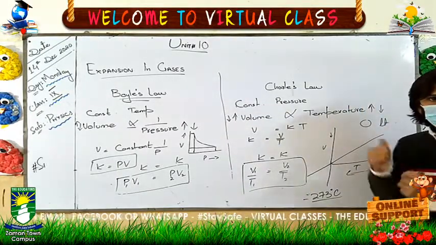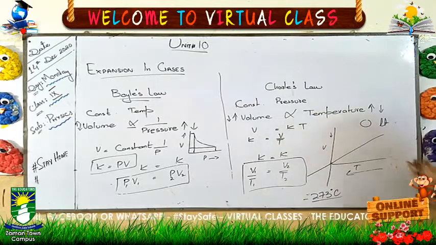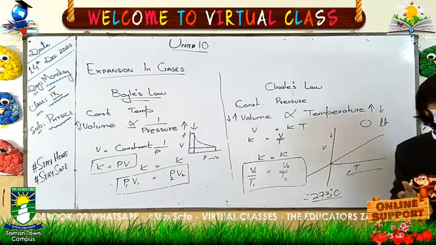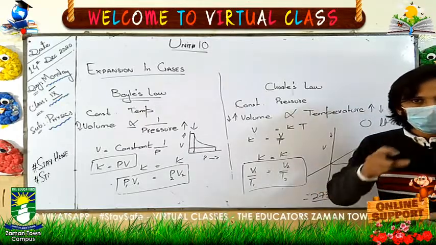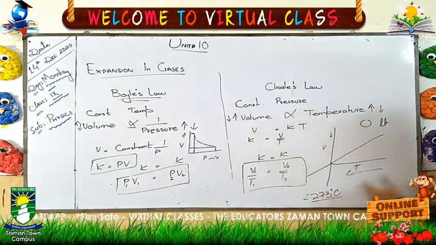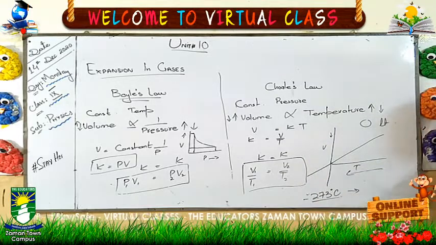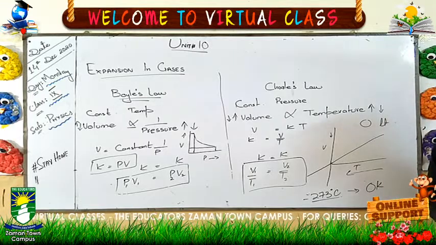So this is an unacceptable reading, because 0 volume means nothing. But we know, and we discussed the Kelvin scale, this temperature is also known as 0 Kelvin, and we were saying it is absolute 0.